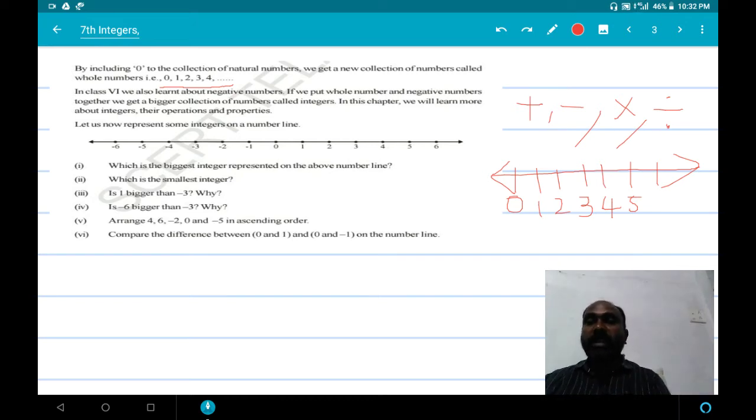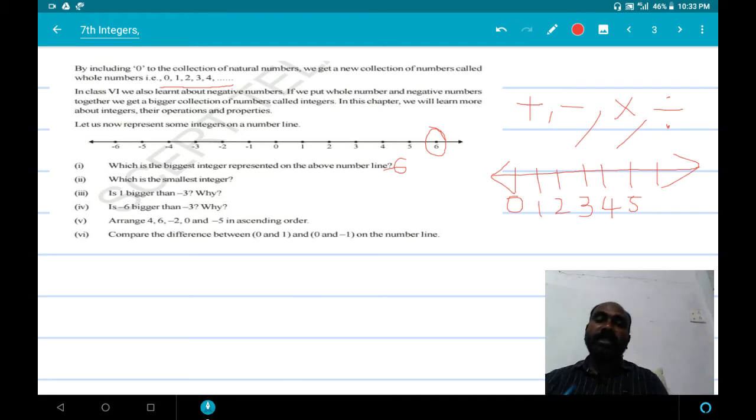Here on the left side is minus 6 and on the right side 6. Between minus 6 and 6 on the number line, a number of integers are marked. First question, which is the biggest integer represented on the number line? Always the right side last one, 6. This is the biggest integer marked on the number line.